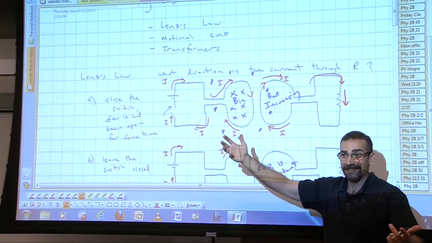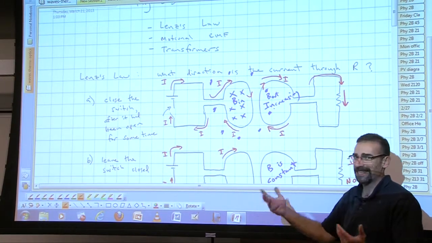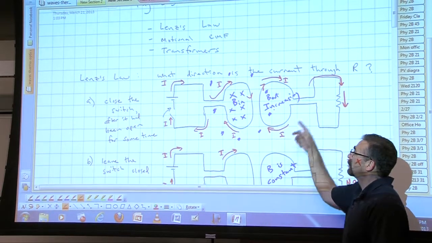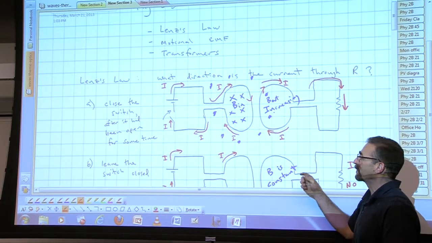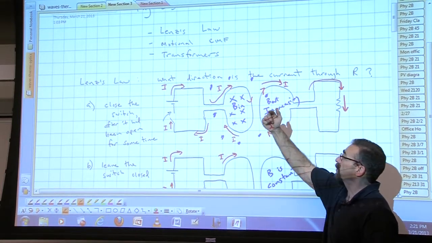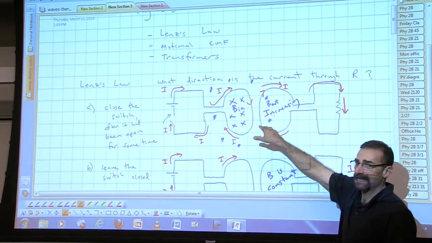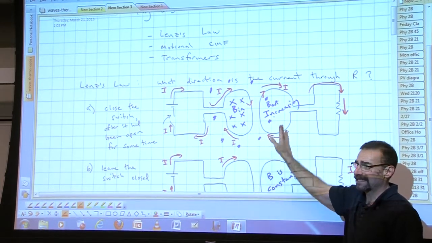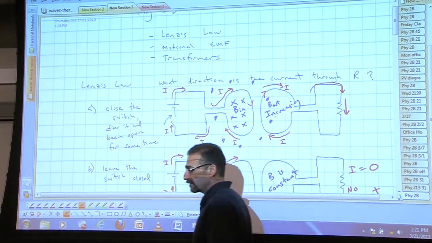Free energy. We know that's not the case, right? We know we don't get something for nothing. So it always counteracts the thing that caused it to happen in the first place. So the increasing flux out has to cause a current to try to decrease it, to try to get it back to where it was. It had 0 before. It's going to try to decrease it back to 0.